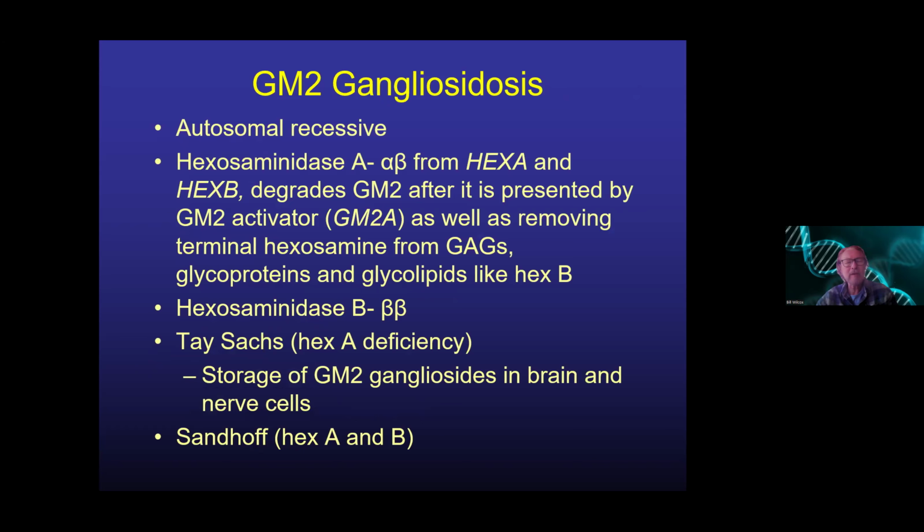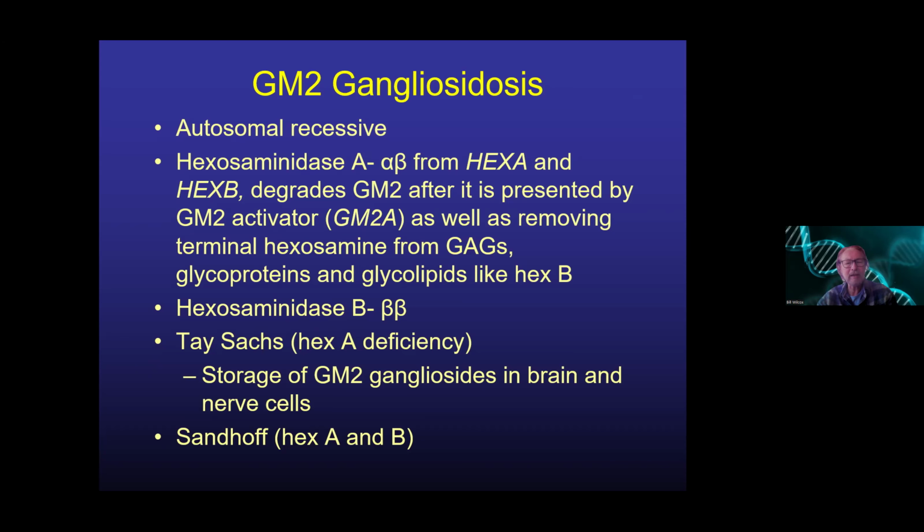So we're going to start off with GM2 gangliosidosis. This is autosomal recessive, and it's due to deficiency in either hexosaminidase A or both hexosaminidase A and B, or the GM2 activator protein. So hexosaminidase A is made up of an alpha and beta chain from HEXA and HEXB. It degrades GM2 after it's presented by the activator protein and removes terminal hexosamine from GAGs, glycoproteins, and glycolipids, just like HEXB can.